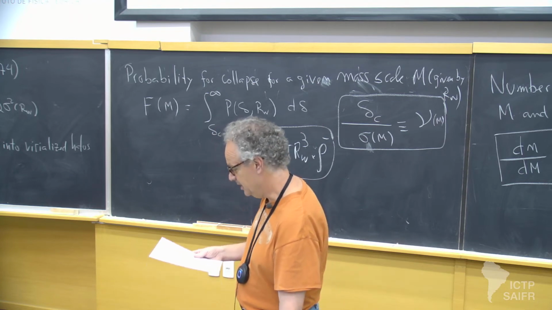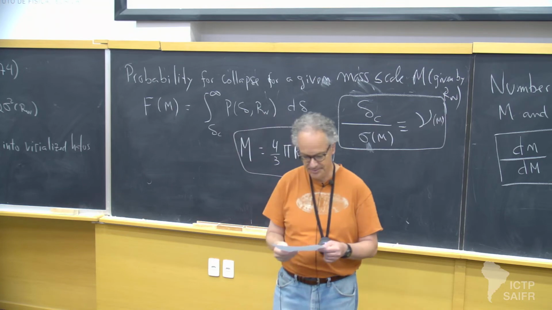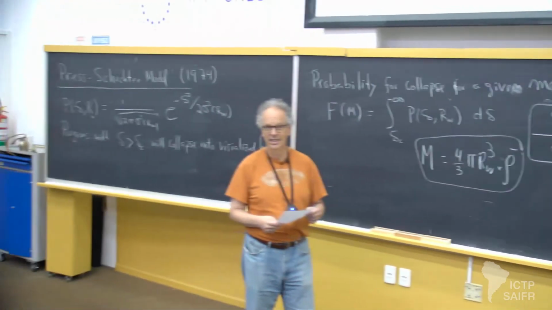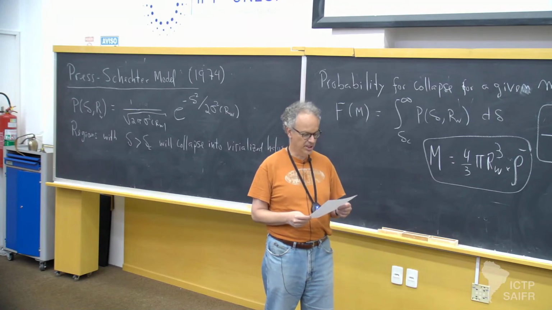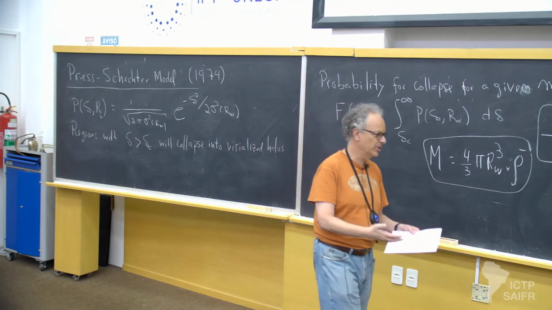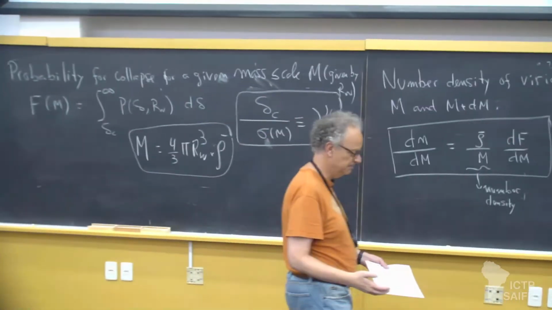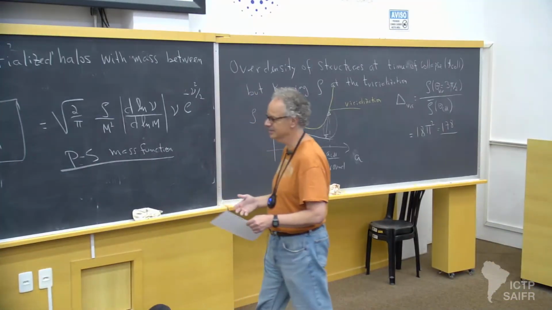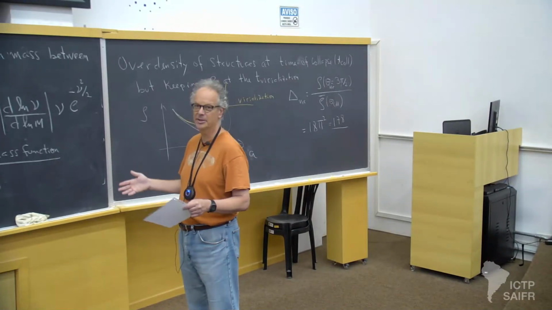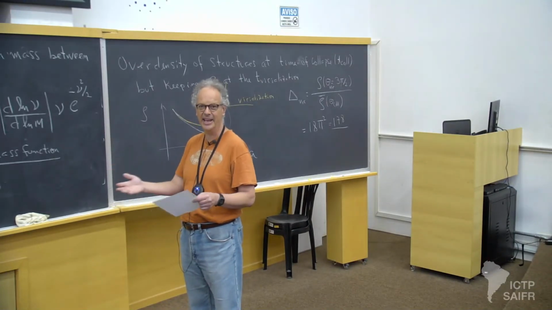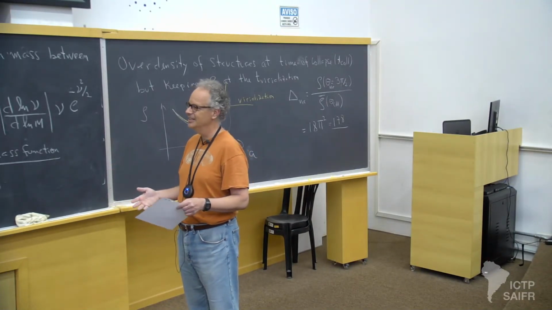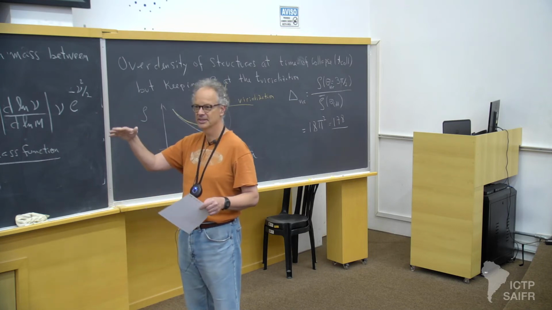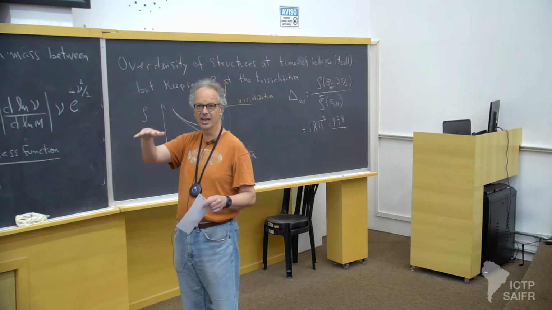And the other thing I should mention is the following: we're talking about halos here, but usually when you are talking about perturbation theory or things like that, you're talking about the dark matter or matter perturbations, not halo perturbations, right? So there is a way to relate fluctuations in halos.